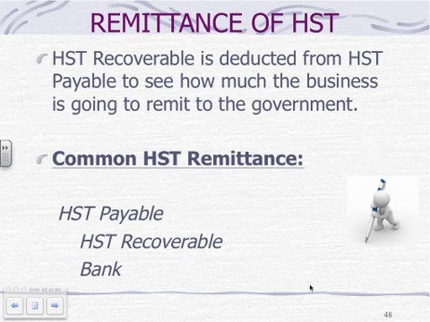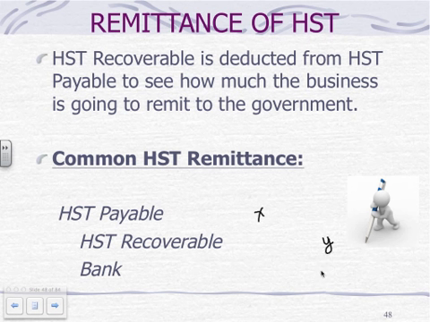Okay, now remittance of HST. HST recoverable is deducted from HST payable to see how much the business is going to remit to the government. A common HST remittance would look something like this. You would debit HST payable for the entire amount that is sitting in your HST payable T account, and you would credit HST recoverable.